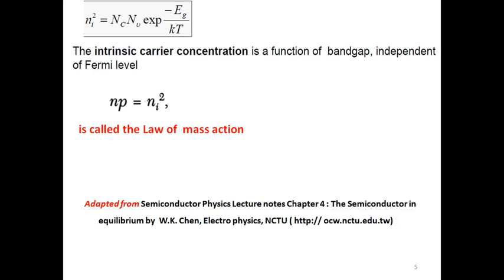Then we get Ni square is equal to Nc Nv exponential of minus Eg divided by kT, which shows that the product of the carrier concentrations of electrons and holes is equal to Ni square, and that is called the law of mass action. This intrinsic carrier concentration is a function of the band gap and does not depend on the Fermi level.